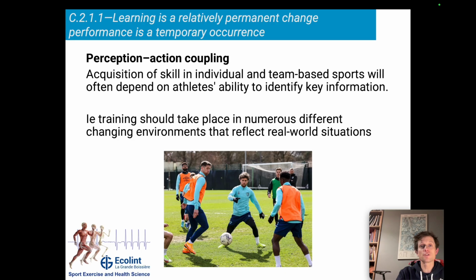Often in the acquisition of skill in individual and team sports, an athlete's performance will depend largely on their ability to identify these key moments from the environmental information. So training should take place in a number of different environments in order that the athlete can try and perceive this information in the training environment that can then be translated to competition.